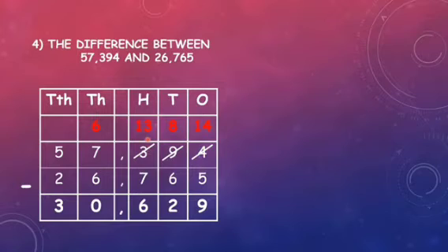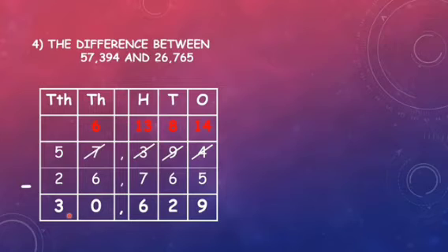Becomes 13. 13 minus 7 is 6. Now 7 becomes 6. 6 minus 6 is 0. Now 5 doesn't change. 5 minus 2 is 3.